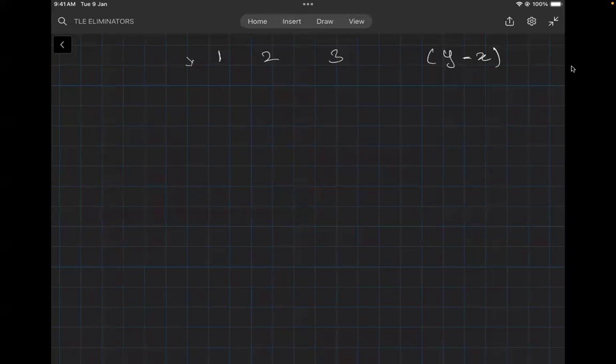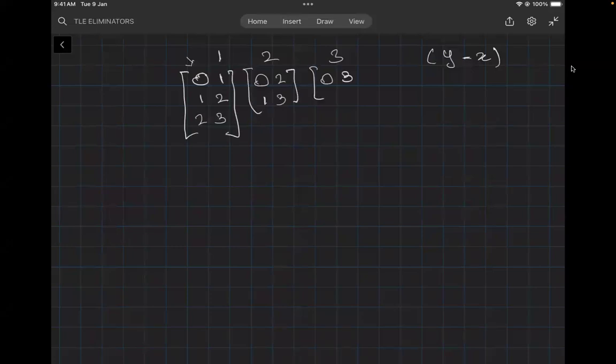For this value, it is going to be 0 comma 1, then 1 comma 2, then 2 comma 3. For this, it is going to be 0 comma 2, then 1 comma 3. Here it is going to be 0 comma 3. Again, all of these are going to be disjoint.